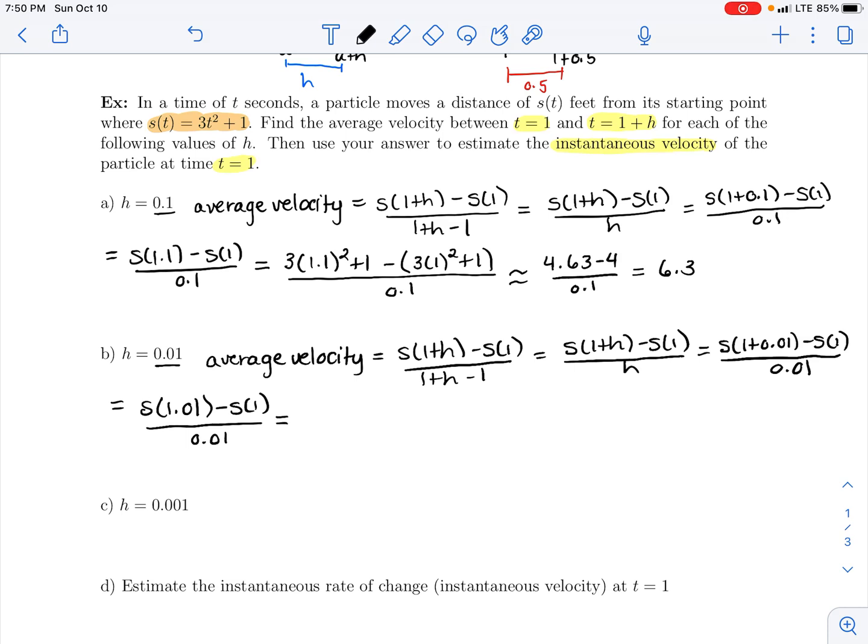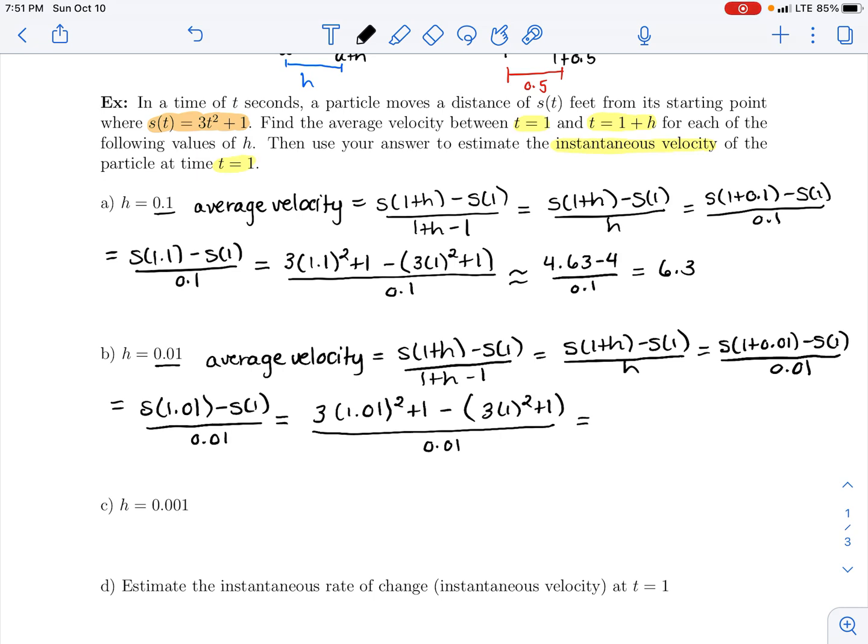Okay, and now I want to plug in. So this is going to give me 3 times 1.01 squared plus 1 minus, make sure you use parentheses, 3 times 1 squared plus 1, and then all over 0.01.